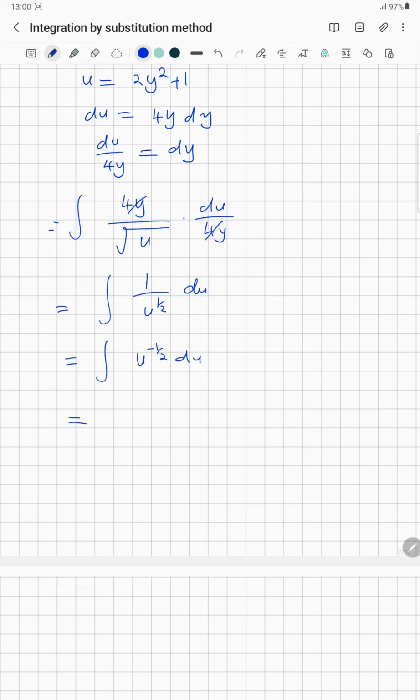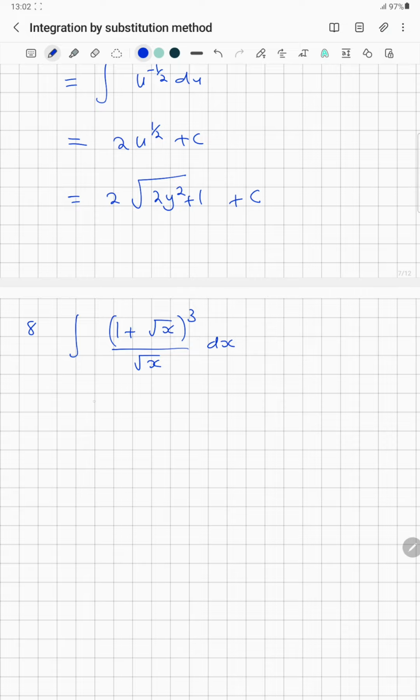And this one is a straightforward integration. You can do it and substitute back. So when you do this one, it is supposed to give you something to do with plus c, which will give you answer to 2 square root of 2y squared plus 1 plus c. Make sure you get that one as your answer.